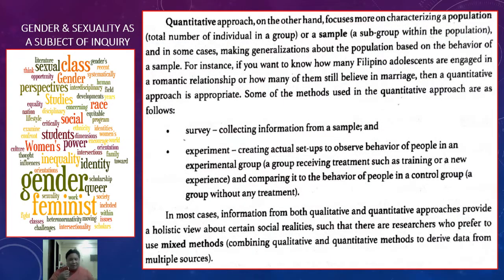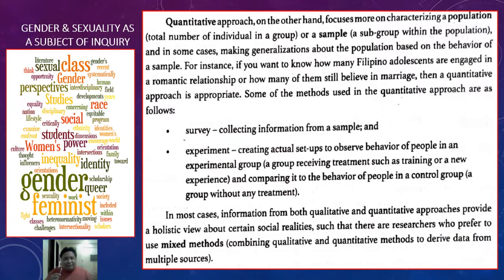Okay, so the next one, one of the most common approaches in the research process, is what we call the quantitative approach. This one focuses more on characterizing a population, a total number of individuals in a group, or a sample, a subgroup within the population, and in some cases, making generalizations about the population based on the behavior of a sample.